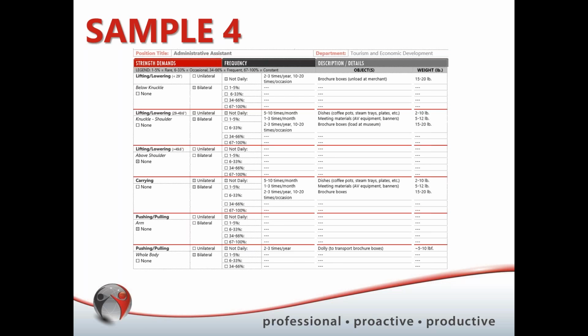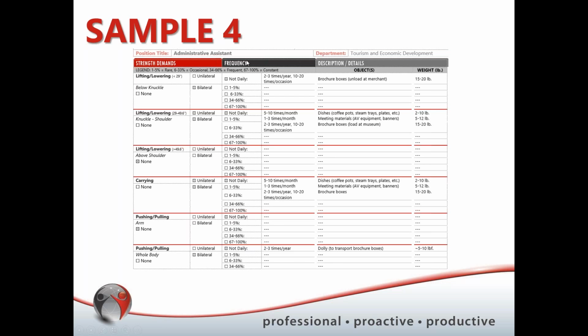So you'll see ours has words, but words primarily organized into a chart format. There's a little bit of an introduction on the first page, but the vast majority of our PDA speaks to a chart format, which makes it easier to process and grab information quickly. So if you need to know, is there lifting above shoulder, you're going to jump down to the lifting section, you're going to look at the above shoulder section, and very quickly you should be able to say whether lifting above shoulder is required or not, to determine if there's a match with an employee's restrictions.